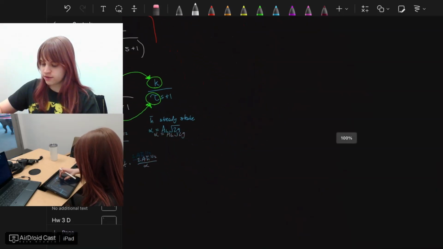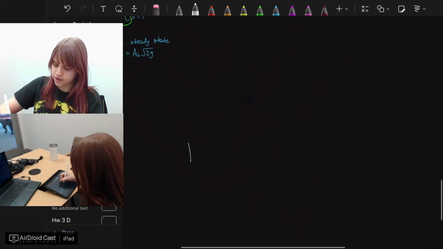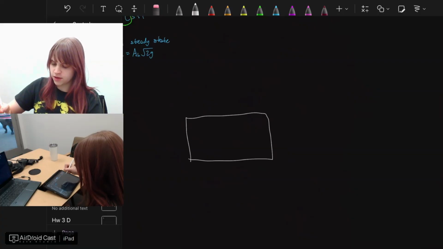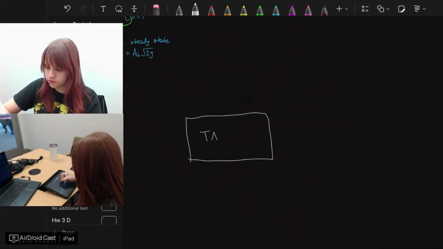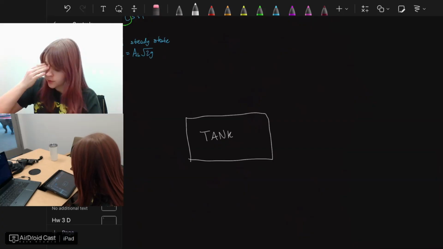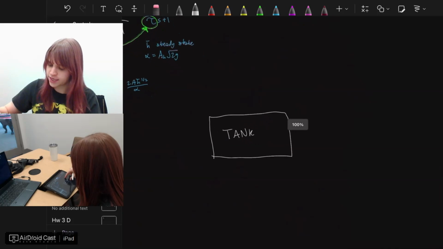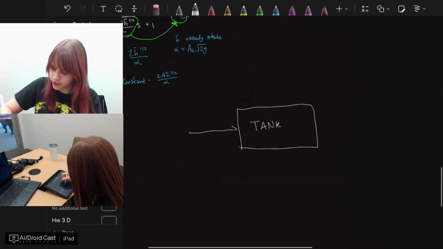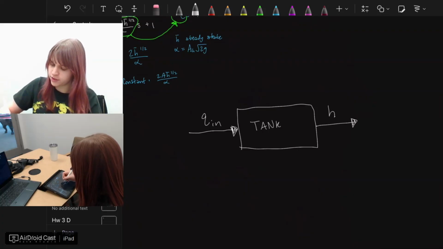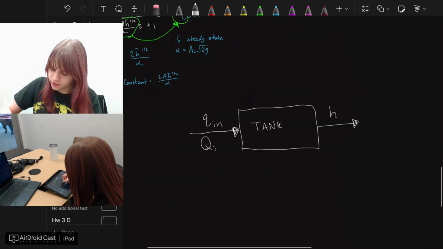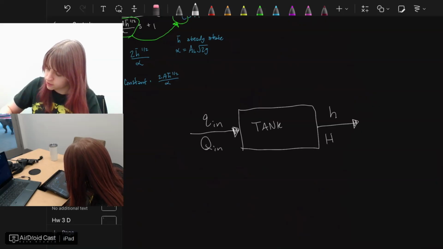And I'm just now realizing I never really drew out a diagram, just because it's kind of simple, I suppose. But we have our tank. Going in is our flow rate. Coming out is the height we observe. But in the Laplace domain, it looks something like this.